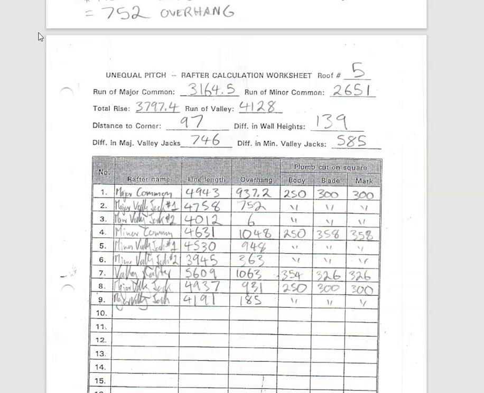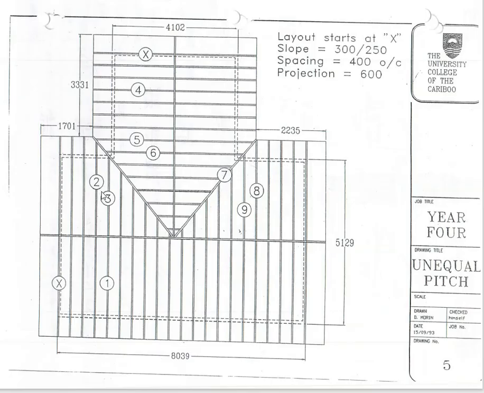Rafter number 2 is a major valley jack number 1. To find that, we need to figure out this distance from rafter number 2 to the peak. And in order for us to find this distance, we start where our layout began for the major roof.